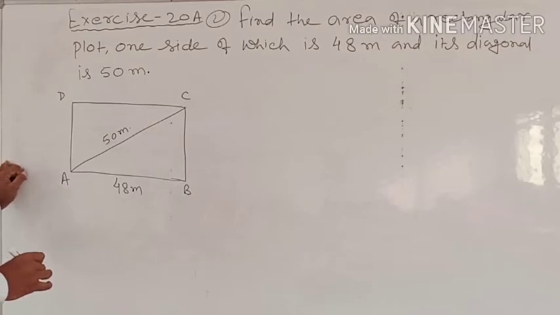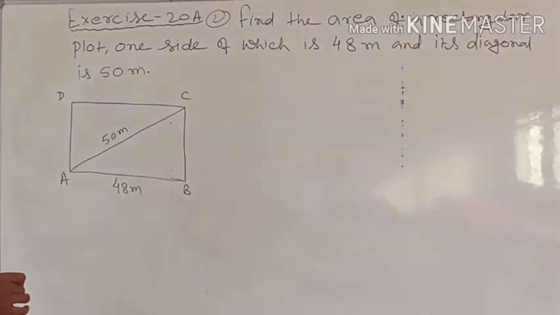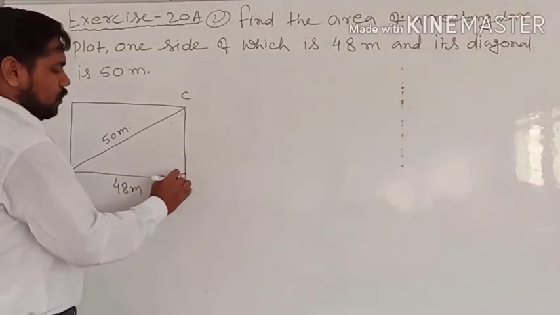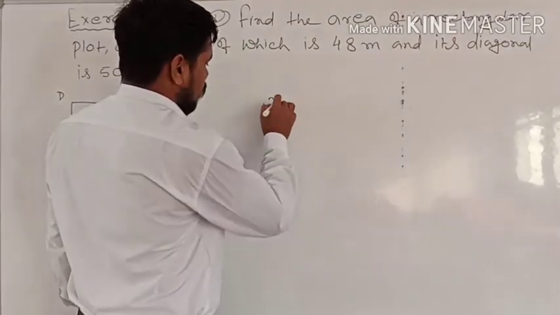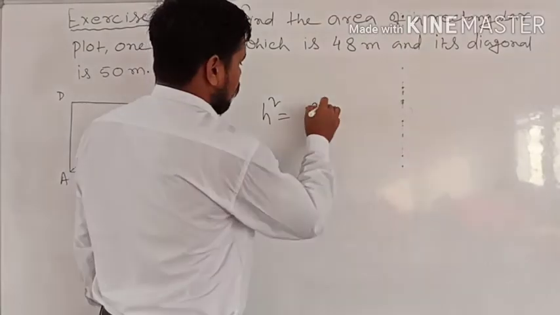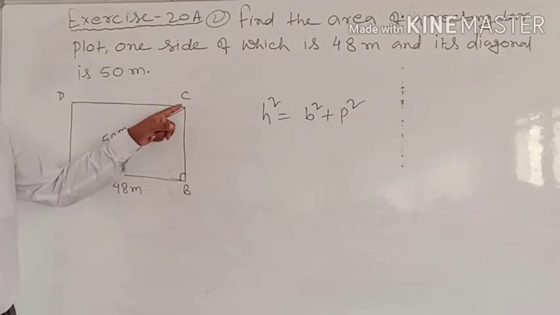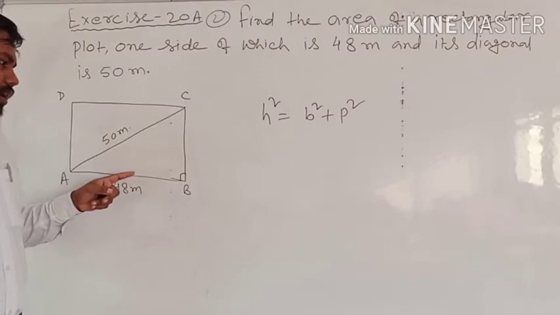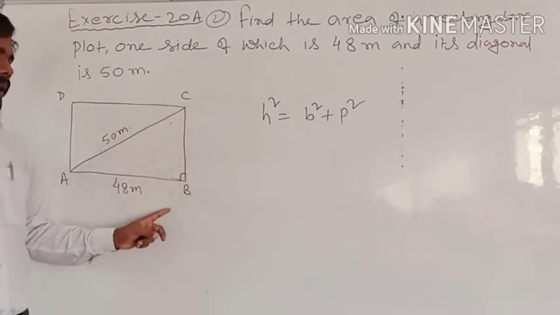To find the area, first you have to find the measurement of this other side, then length into breadth will be the area. To find this perpendicular side, we know from the theorem that hypotenuse square is equal to base square plus perpendicular square.